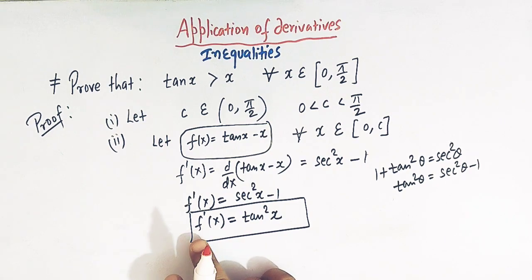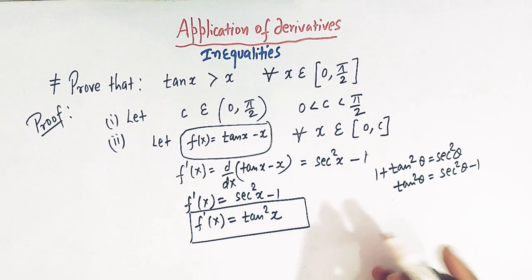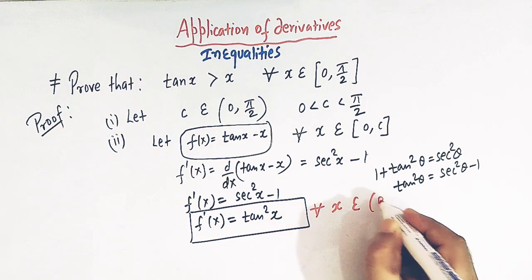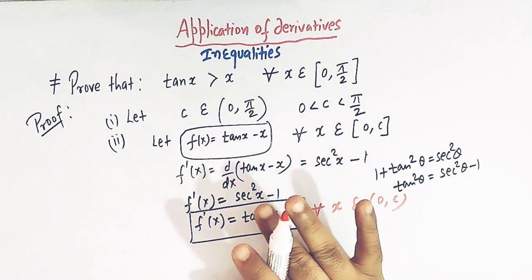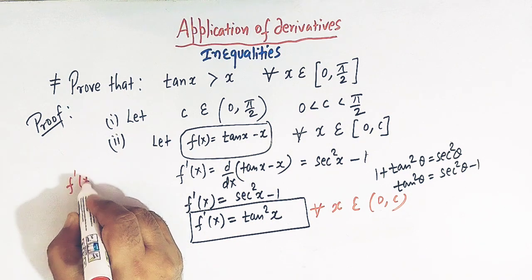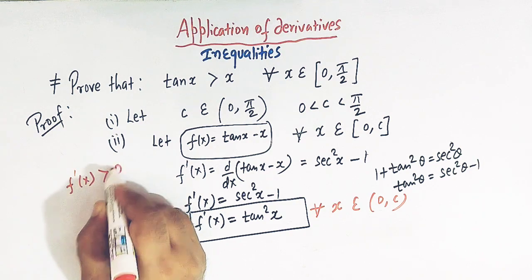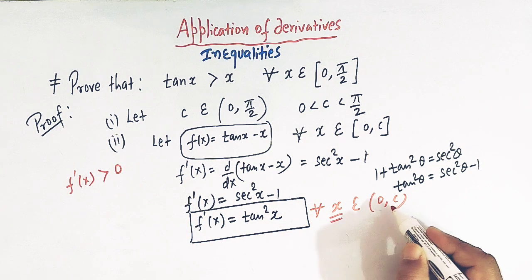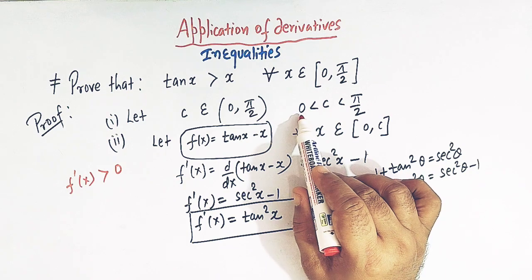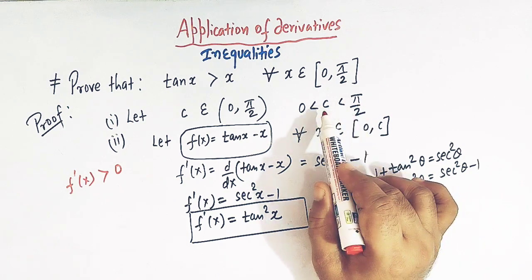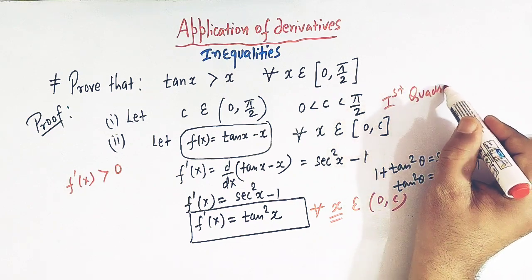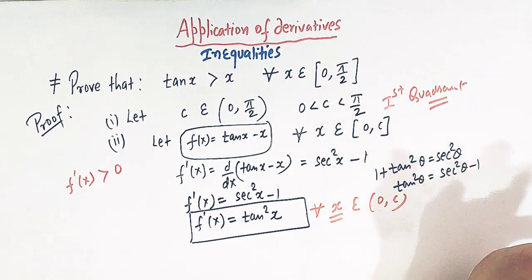So now we have the derivative f prime of x is equal to tan square x for all x belonging to the open interval 0 comma c. We can easily see that this derivative is greater than 0 for all x belonging to this interval, because c itself lies between 0 and pi by 2, so c lies in the first quadrant, and in the first quadrant all the trigonometric functions are positive.